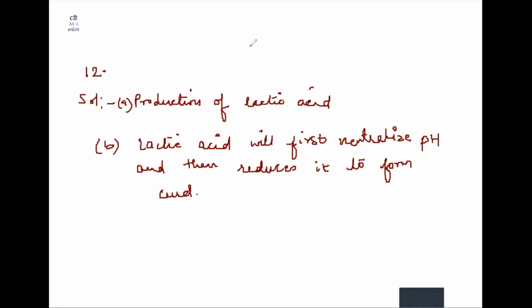Moving on to the next question, which is question number 13. The question says that plaster of Paris should be stored in a moisture proof container. Explain why. The answer is pretty simple.